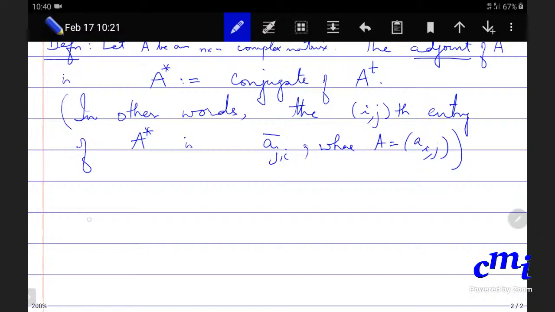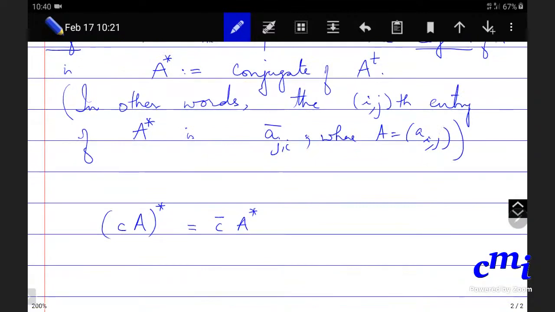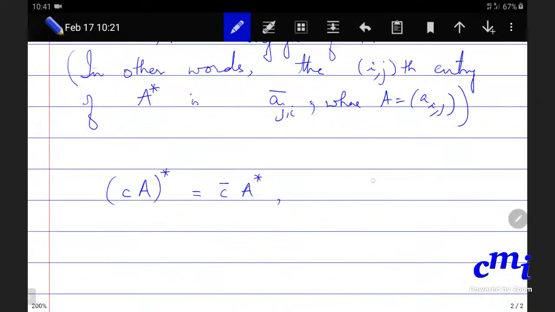Okay, so we have the following. If you take a scalar times a matrix and then ask for its adjoint, then it would be just the conjugate of the scalar times the adjoint. And then if you have AB, its adjoint is B star A star.